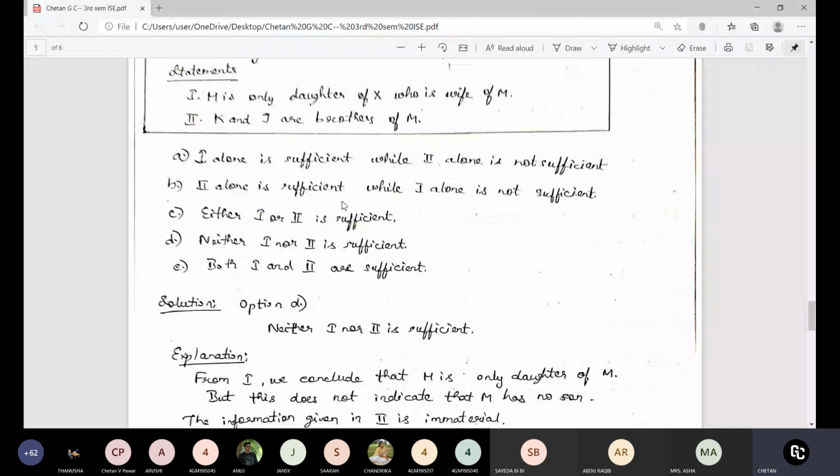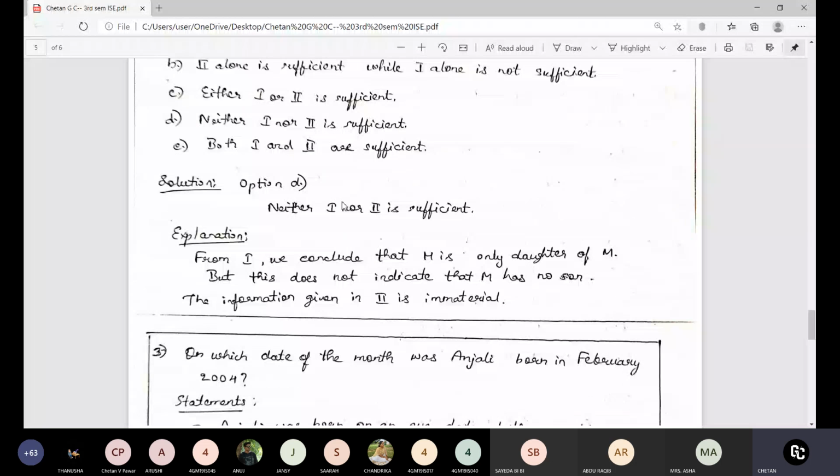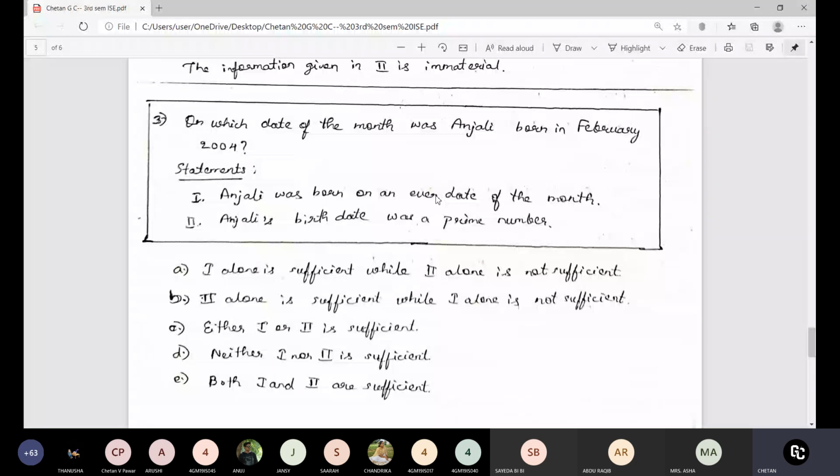So moving on to the third problem, that is, on which date of the month was Anjali born in February 2004? The given statements are: statement 1 says that Anjali was born on an even date of the month. Second statement says that Anjali's... From statements 1 and 2, we can say that Anjali was born on a date which is an even prime number.